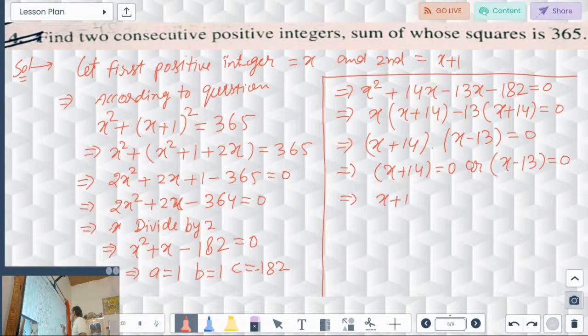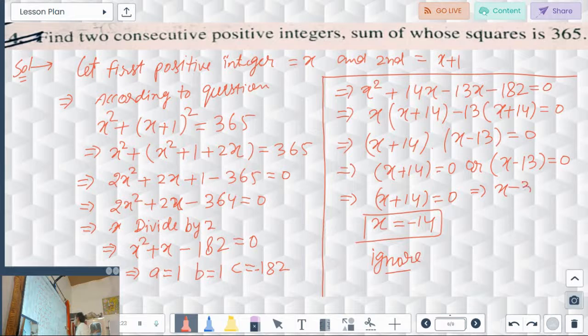Now x plus 14 equal to 0, then x equal to minus 14. Consecutive positive integers cannot be negative, so ignore it. Now x minus 13 equal to 0, so x equal to 13.